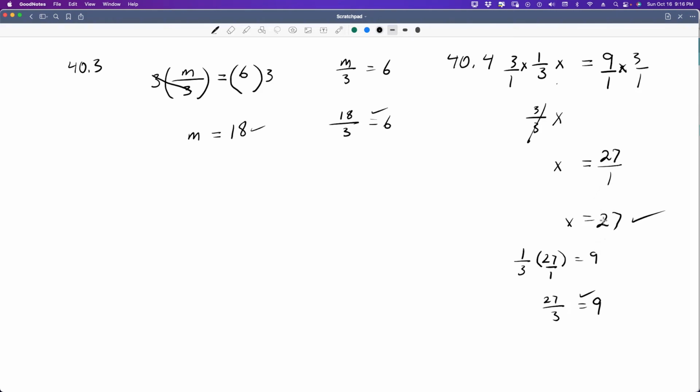All right, so we've talked about the division rule for equations. Both sides of the equation can be divided by the same number except 0 without changing the solution to the equation. So let me clear the page, and we're going to do 40.5.